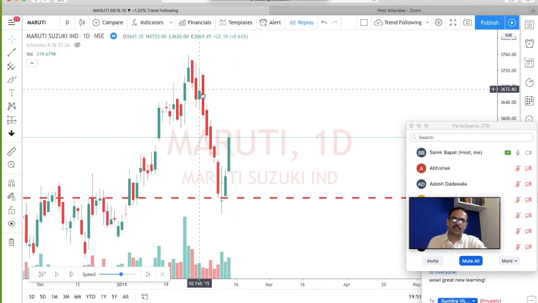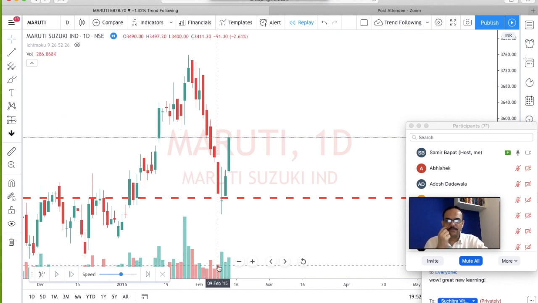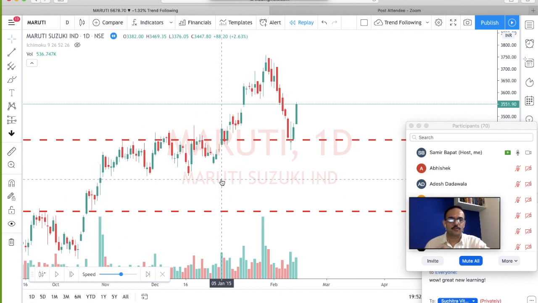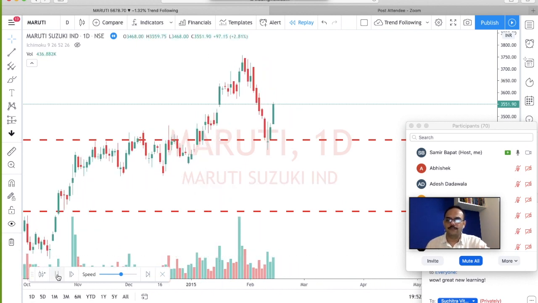So as it is approaching the support, if the volumes you see are lesser and lesser, then it is most likely to take support, and you can take a chance of buying at this support level. So this is a small indicator which we can start picking up visually from the charts. It is coming down, volume is reducing, there is a chance it will take support. Okay, let's go forward.